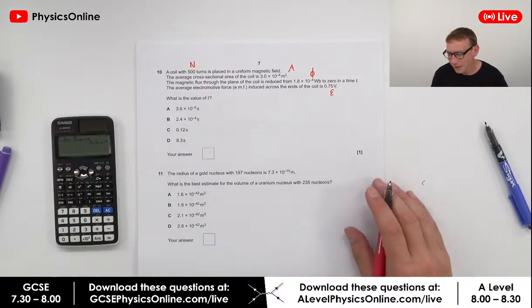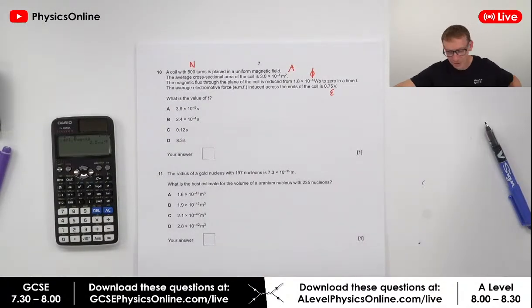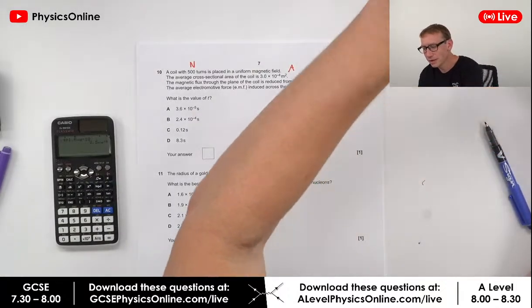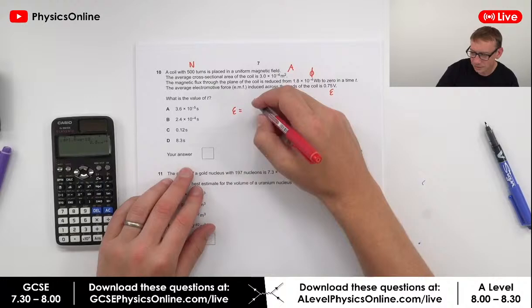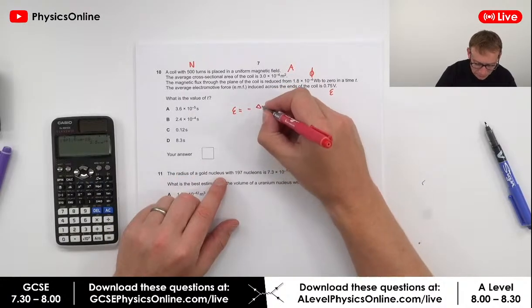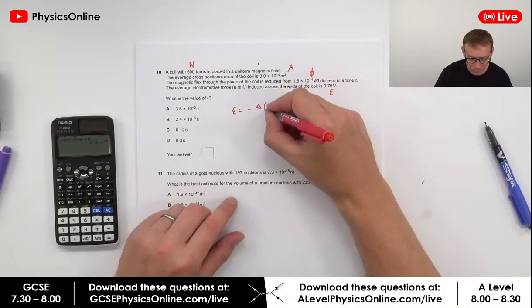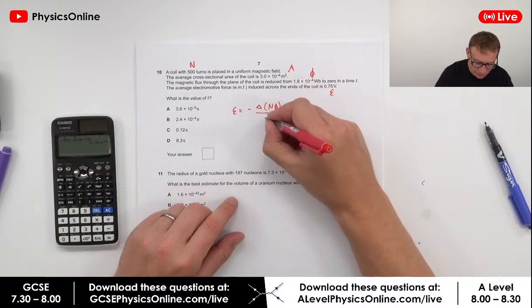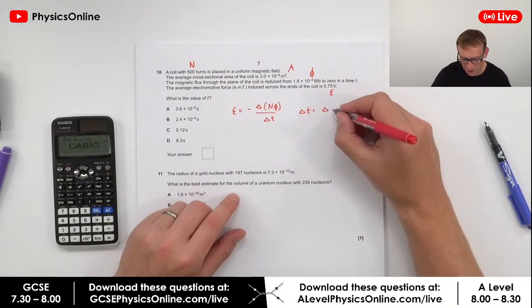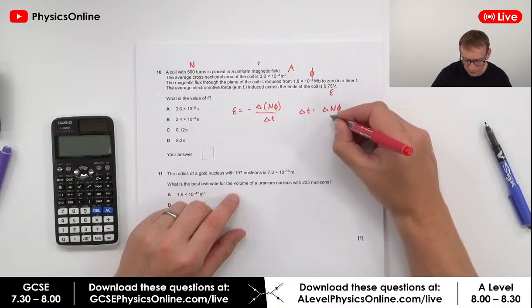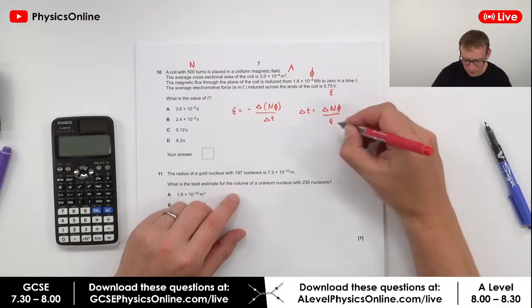So for this one, what you need to do is just use the equation, Faraday's law, basically saying how the EMF is equal to minus... There's different ways of writing it, but this is the way that I'm going to choose. So the change in time is going to be equal to the change in flux linkage divided by the EMF.